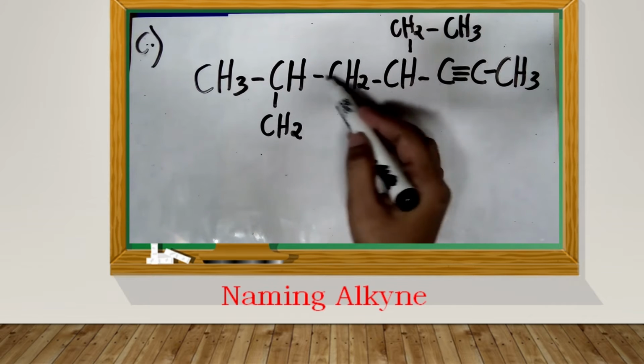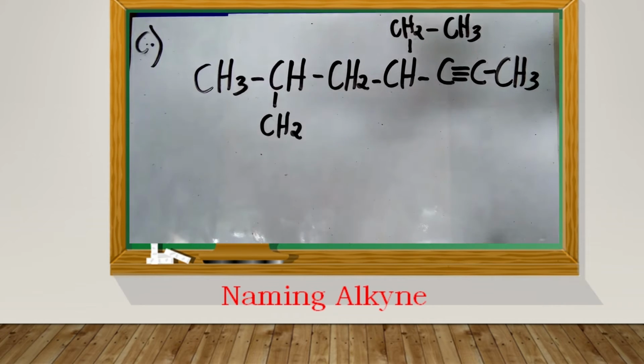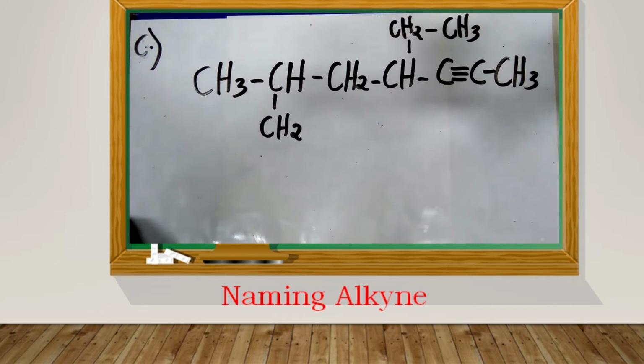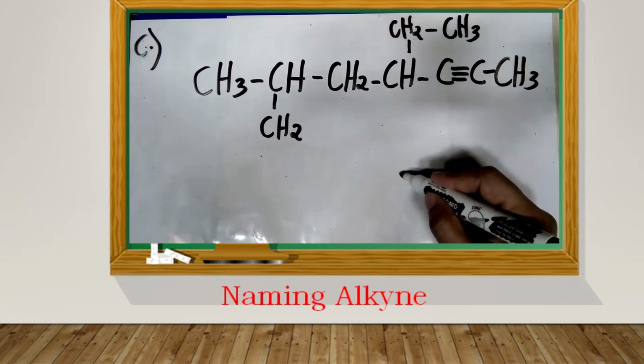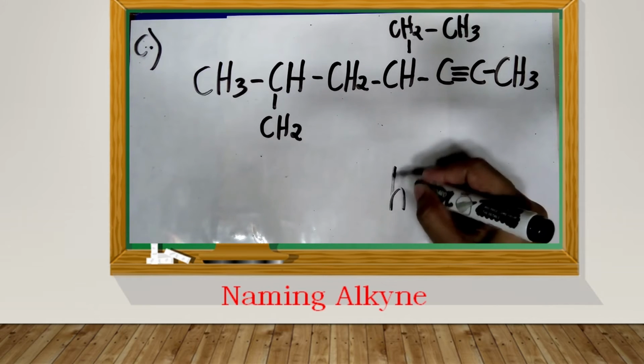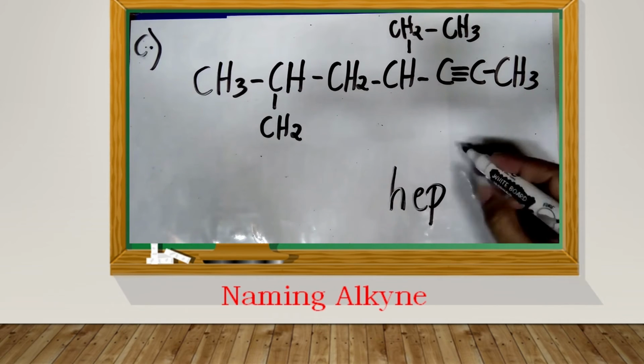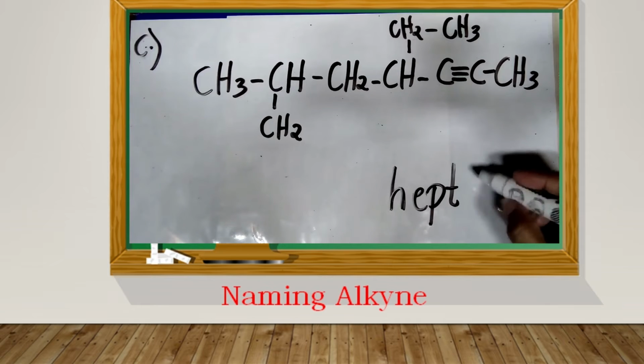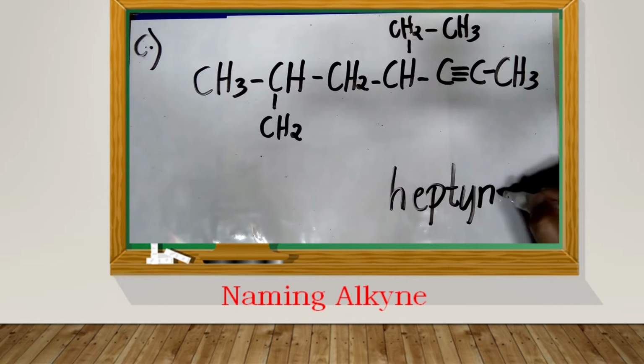Still 7. The longest chain, or the parent chain, contains 7 carbon atoms, so the stem is hept. Then add the -yne of an alkyne, so that is heptyne. And then look for the triple bond. Where is it?